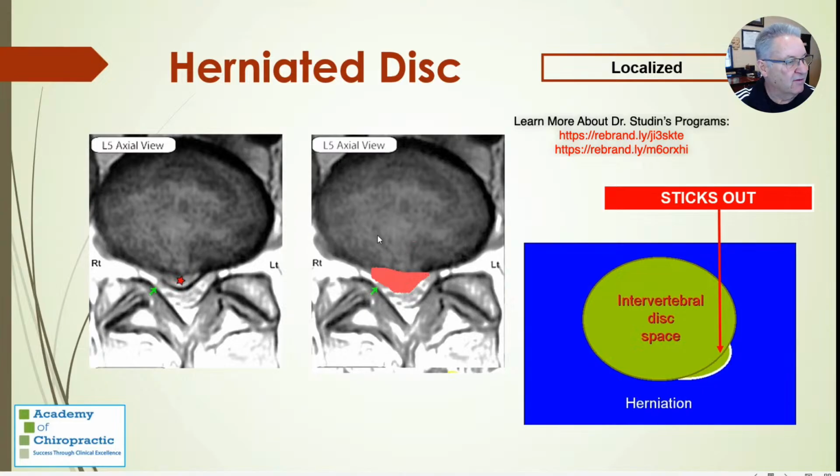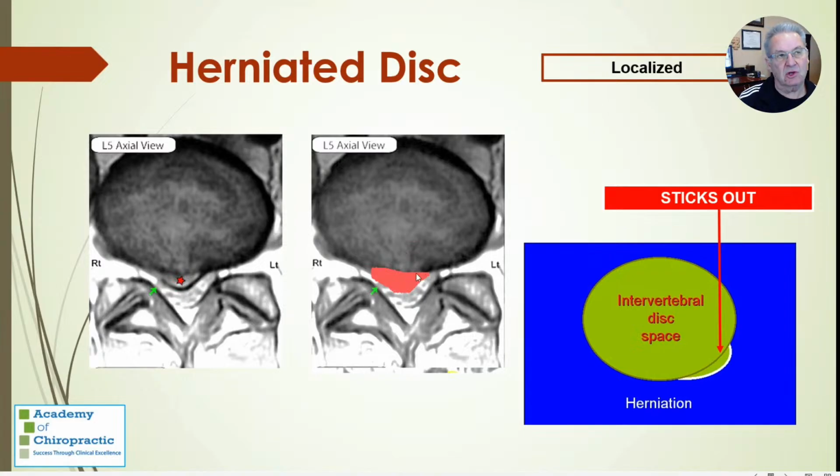And by the way, if you look here, this is the annulus, this is the nucleus. You could see here there is a conduit, and this is called an annular fissure or a tear in the annulus. And that really happens predominantly with trauma.